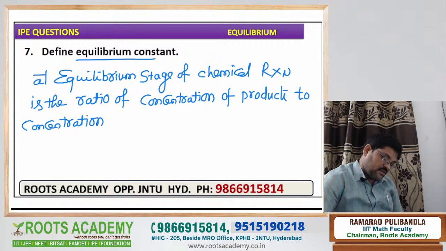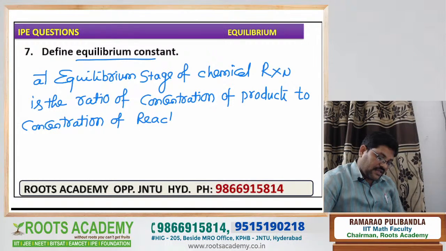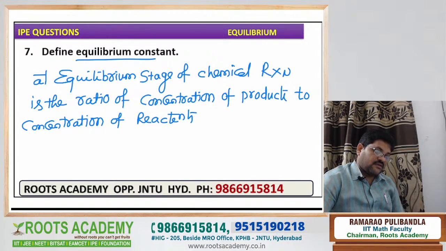Tell me what I have said. At the equilibrium stage of the chemical reaction, it is the ratio of concentration of products to concentration of the reactants. That is the statement of the equilibrium constant.